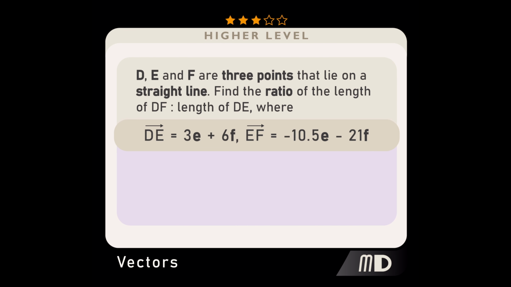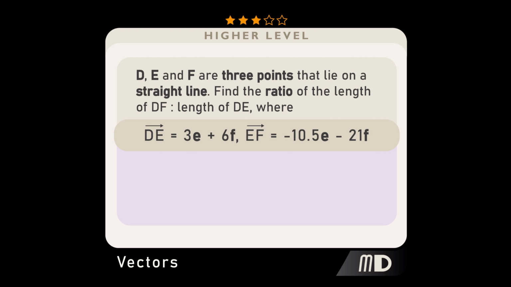This is the second part of a 2-part question. We've been given 2 different vectors, DE and EF, where D, E, and F are also 3 points on a straight line.